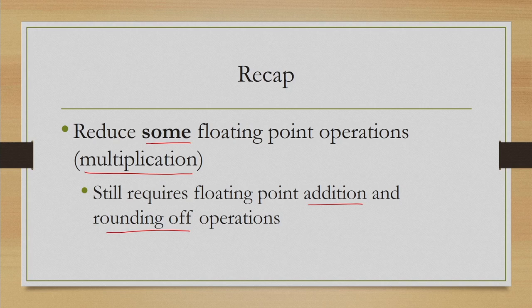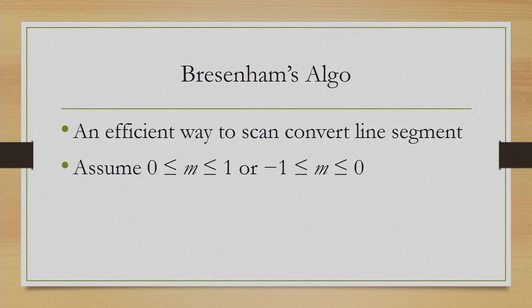One such approach is given by Bresenham's algorithm. Now, this is an efficient way to scan convert line segments, and we will discuss the algorithm assuming m to be within these ranges. That means, we will concentrate on computing the y value given the x value.